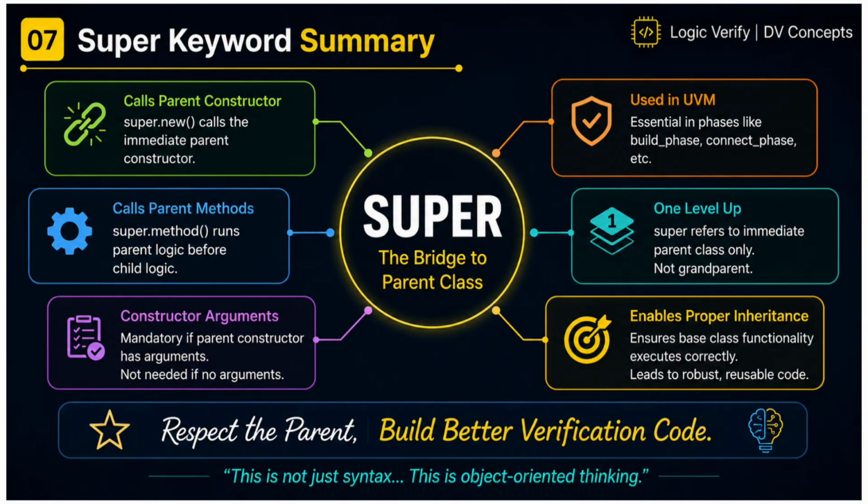So remember, super.new calls the parent constructor, super.method calls the parent method. It is mandatory when the parent constructor has arguments, and critical in UVM phases. And always remember, inheritance works only when you respect the parent. This is not just syntax, this is object-oriented thinking.